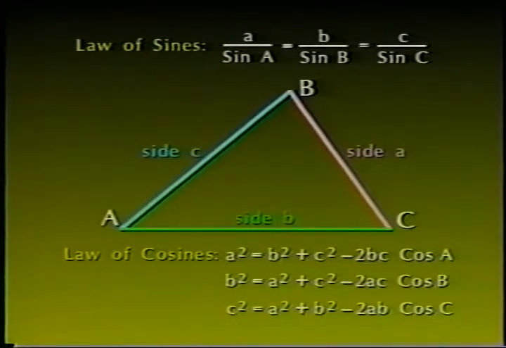A squared equals B squared plus C squared minus 2BC times cosine A. B squared equals A squared plus C squared minus 2AC times cosine B. C squared equals A squared plus B squared minus 2AB times cosine C. In the following discussion of solutions for oblique triangles, only basic equations will be addressed.